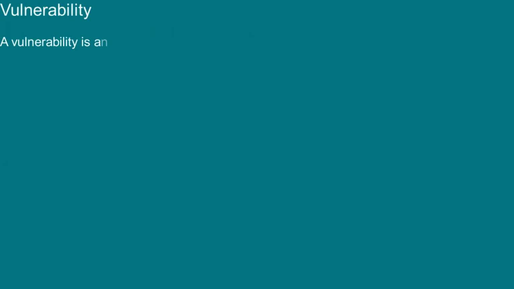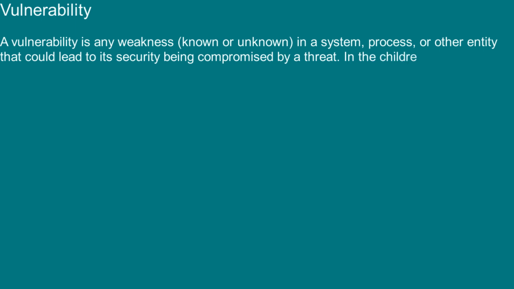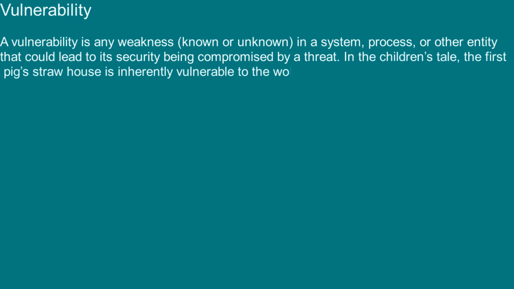Vulnerability. A vulnerability is any weakness, known or unknown, in a system, process, or other entity that could lead to its security being compromised by a threat. In the children's tale, the first pig's straw house is inherently vulnerable to the wolf's mighty breath, whereas the third pig's brick house is not.